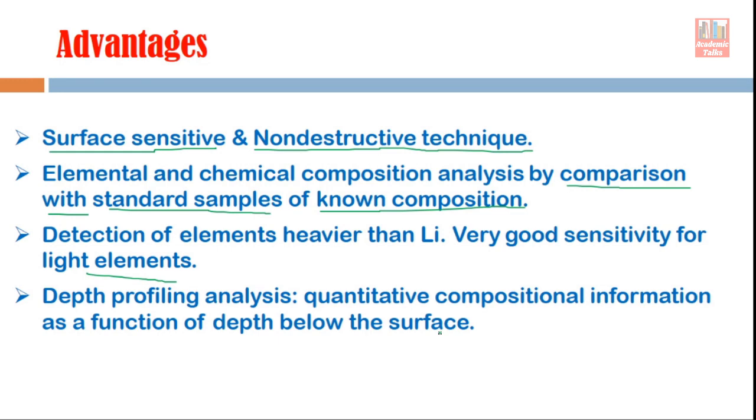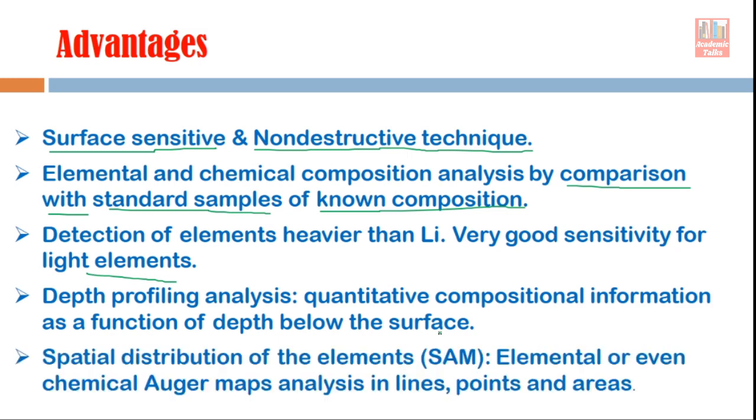But if we want to do the depth analysis, what do we have to do? We have to remove a very thin portion from the top. We do the Auger analysis, we get the data. Then again we remove a known thickness from the top, and then we repeat the Auger analysis, and that way we can keep on moving vertically down. So depth profiling is also possible.